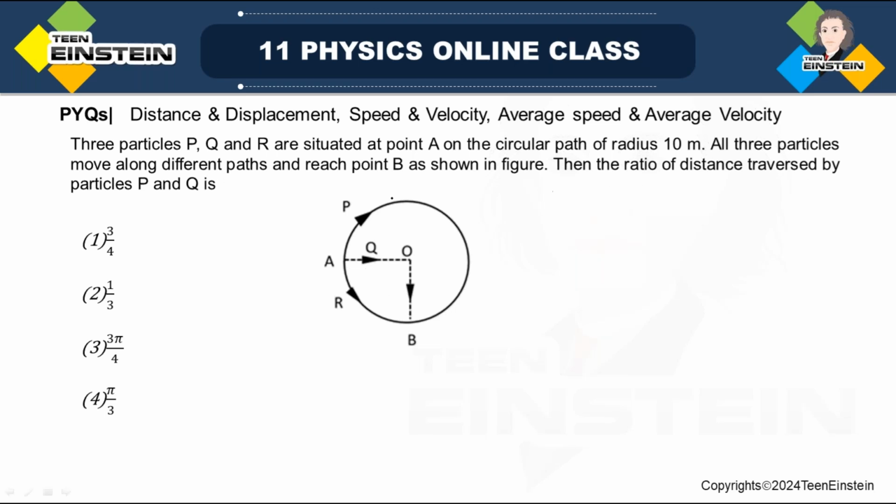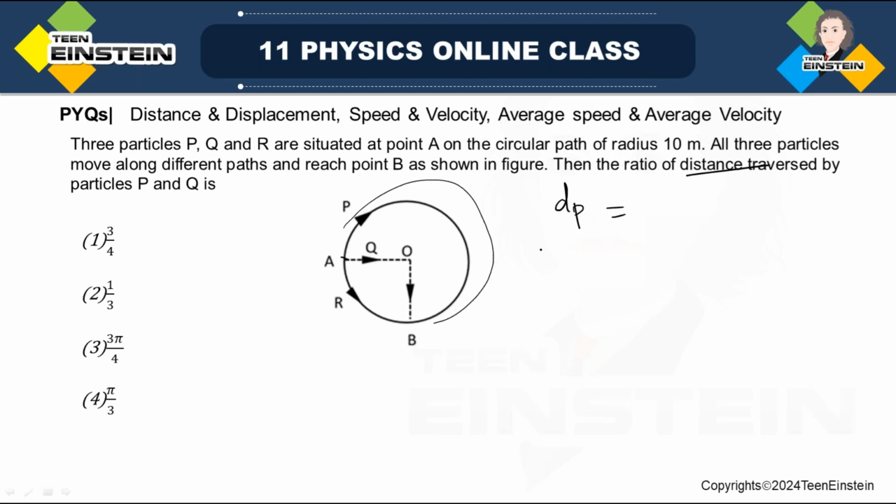The ratio of the distance traversed by particle P and Q, distance, not the displacement. So the distance traversed by P will be found from this whole length.